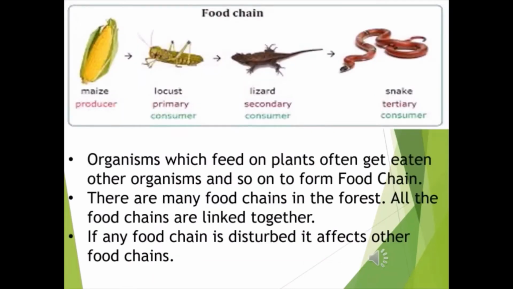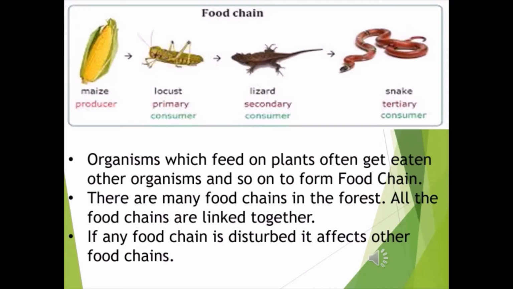So now let us see the food chain. Here in the picture is given maize, the producer, which is eaten by the locust, that is the primary consumer, and this primary consumer is again eaten by the lizard, called the secondary consumer, and this lizard is again eaten by the snake, that is the tertiary consumer.